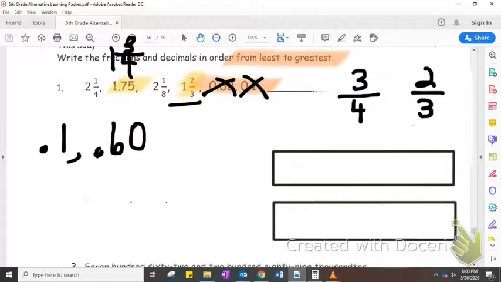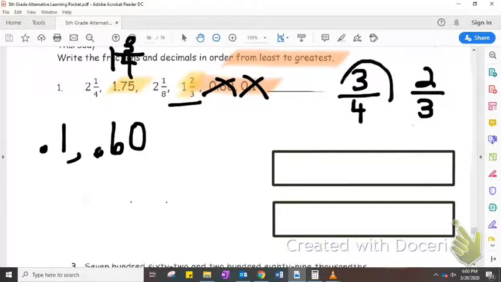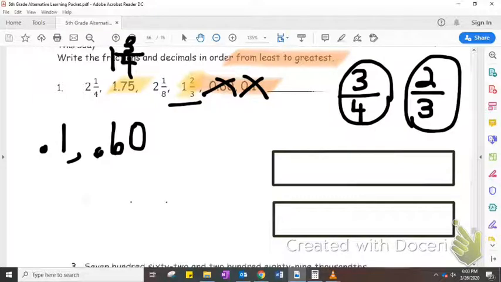So, because fourths are smaller than thirds, this is 1/4 away from the whole. And this is 1/3 away from the whole. That's going to make this number 3/4 greater. Let me show you what I mean.